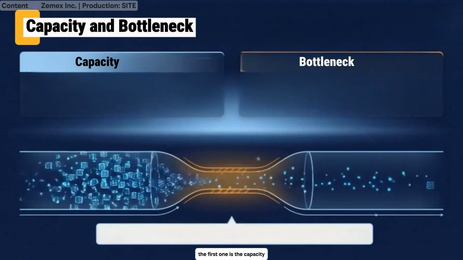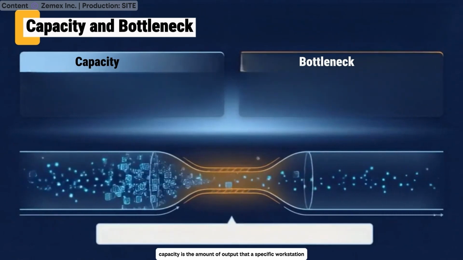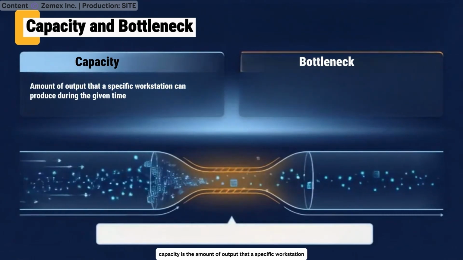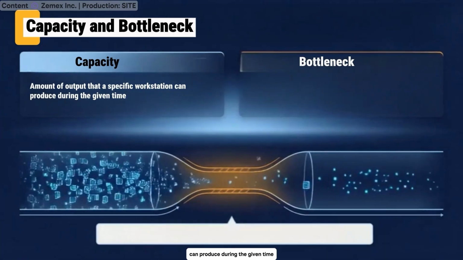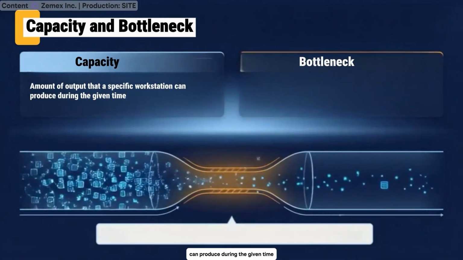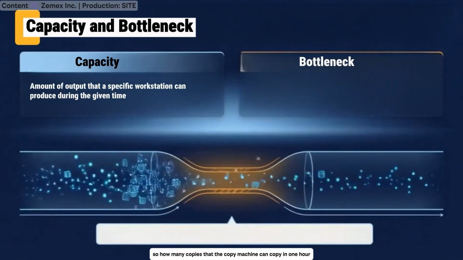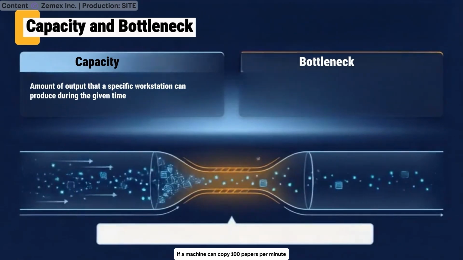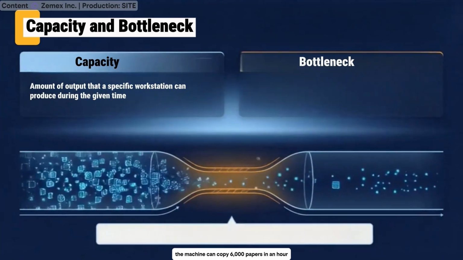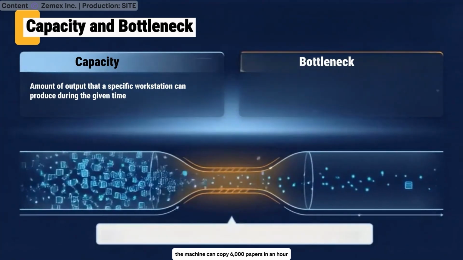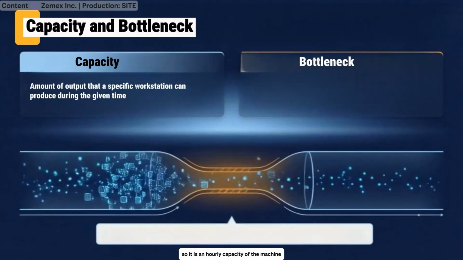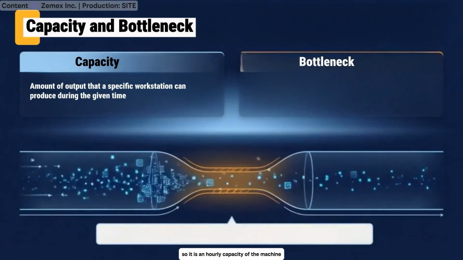Now, I have 3 more concepts that we want to get to know. The first one is the capacity. Capacity is the amount of output that a specific workstation can produce during the given time. So, how many copies can the copy machine copy in 1 hour? If a machine can copy 100 papers per minute, the machine can copy 6,000 papers in an hour. So it is an hourly capacity of the machine.